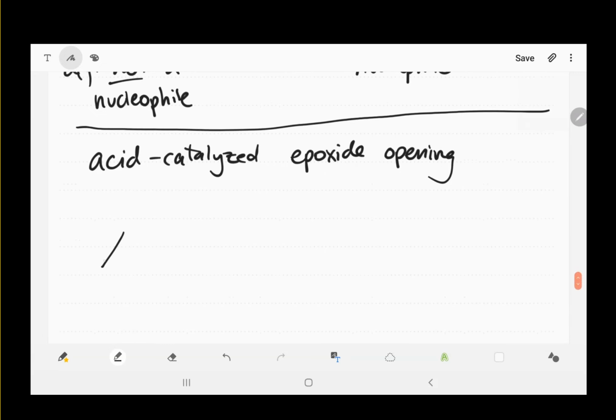You can say, okay, here is my epoxide, our dear friend HX, just like a standard ether, and you'll end up going this way with it.